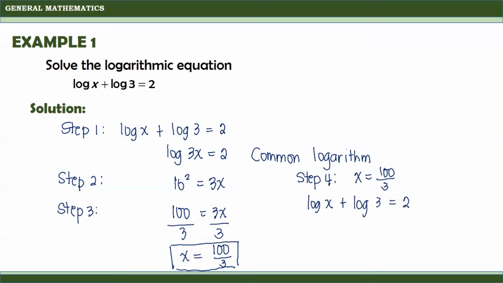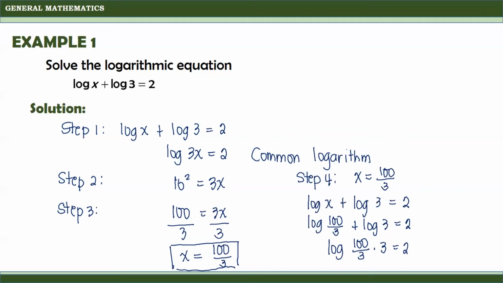So we will have logarithm of 100 over 3 plus logarithm of 3 equals 2. Combining these two logarithmic expressions, we will have logarithm of 100 over 3 times 3 equals 2.